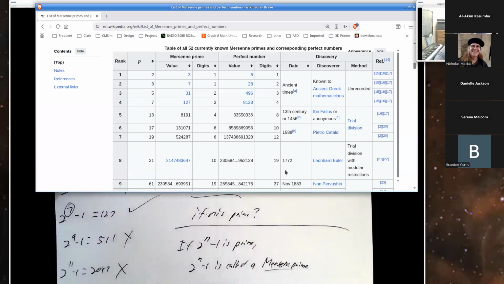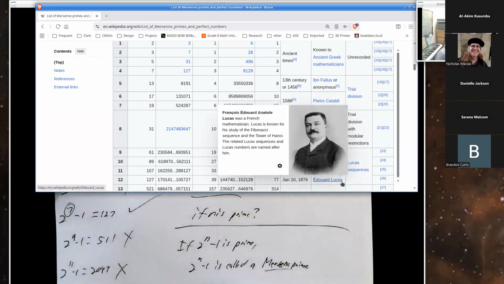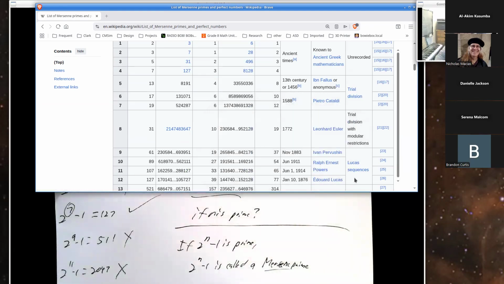Scoot forward a little over a century, 2 to the 61st was the next Mersenne prime. And that was discovered using something called Lucas sequences. So Lucas was a mathematician. There's another mathematician named Lehmer, and together there's this thing called the Lucas-Lehmer test, which is used today to test for Mersenne primes.